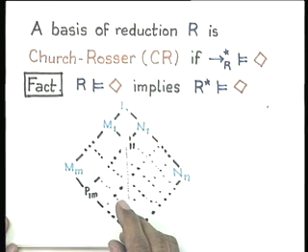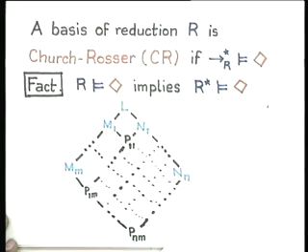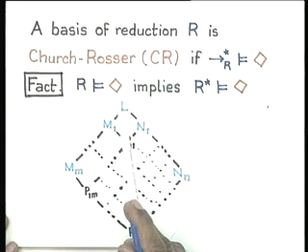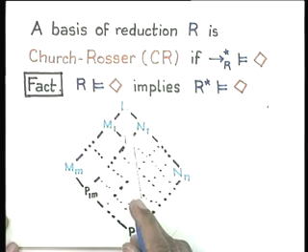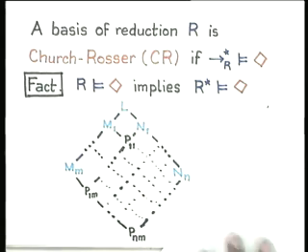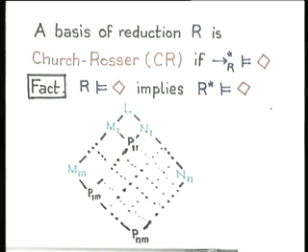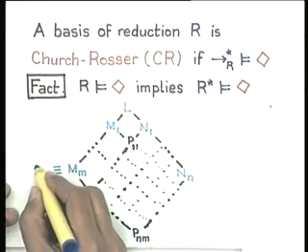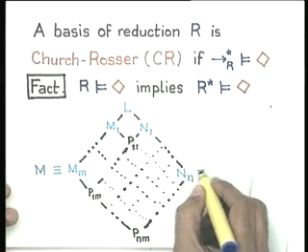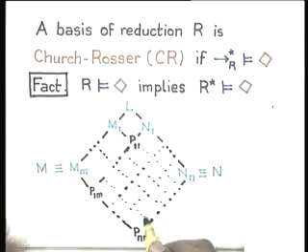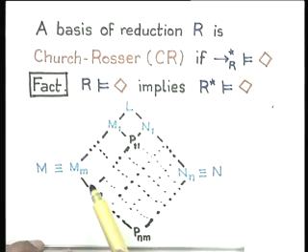So, supposing you had L, you have to show that if L goes to some m and it goes to an n in two different ways, that is, if L is R star related to m and L is R star related to n, then there exists some p which completes the diamond. And if L is R star related to capital M, then what does it mean?